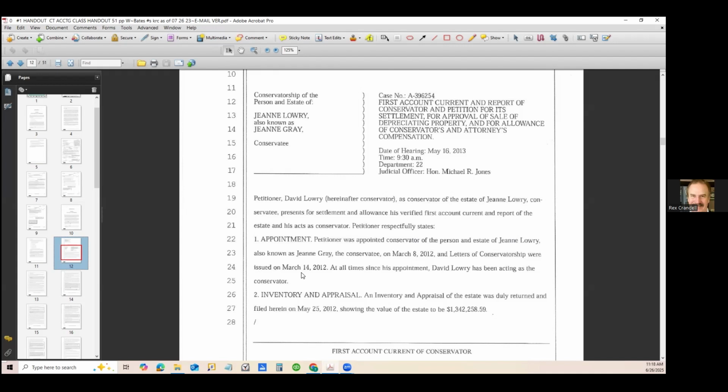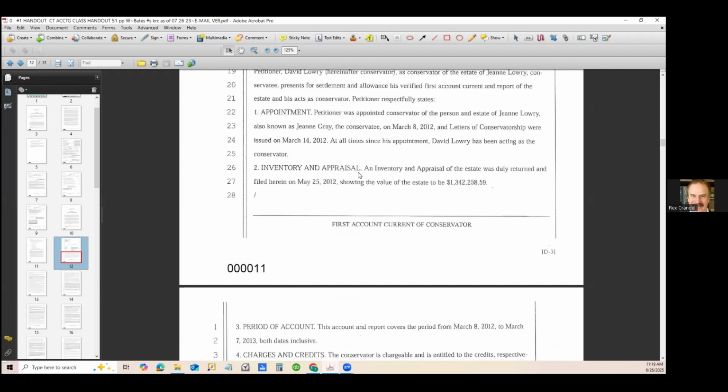So it's a little bit different down south than it is here, Northern California, where I am. But there could be different dates from when letters were issued as opposed to when the order was issued. But at all times, David, our petitioner, has been acting as conservator.